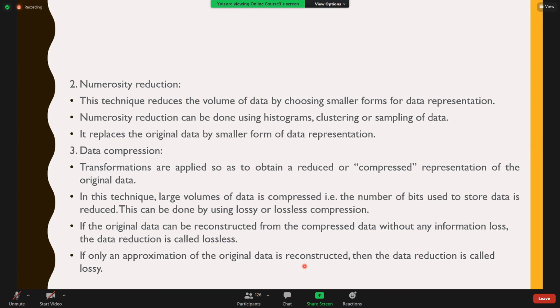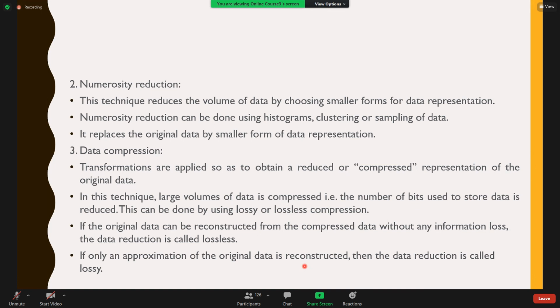For example, consider age. For age we have multiple values, many values. If you convert this age to categories such as youth, middle-aged, and senior, then we have only three groups.